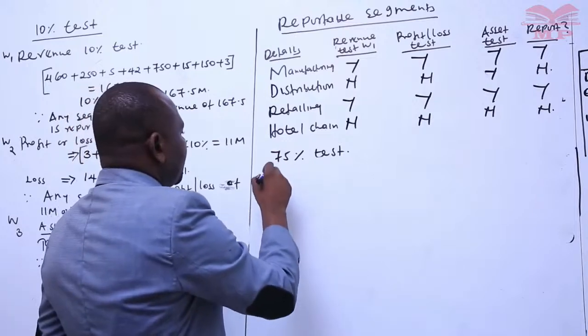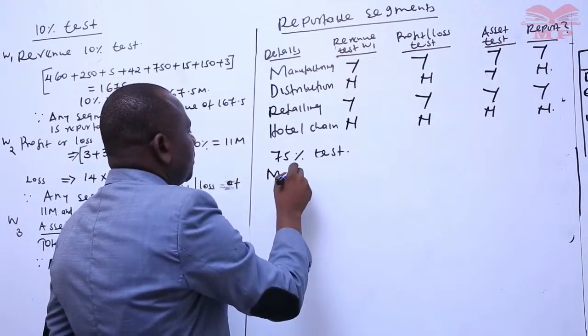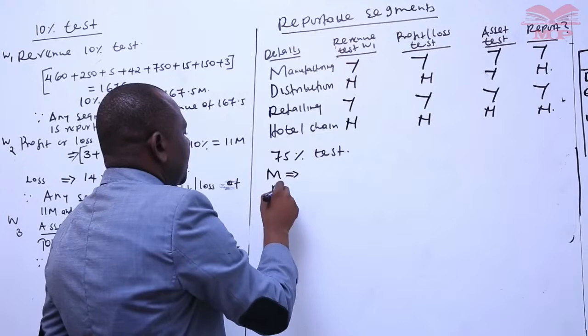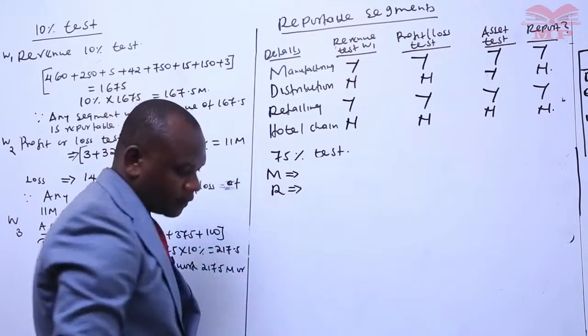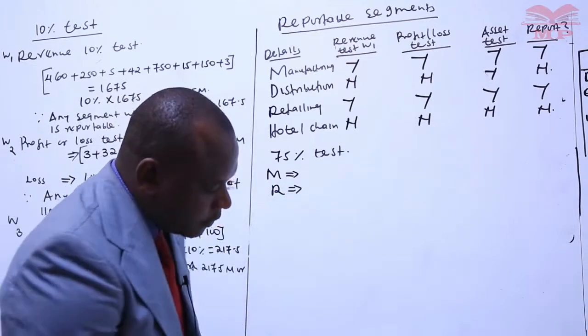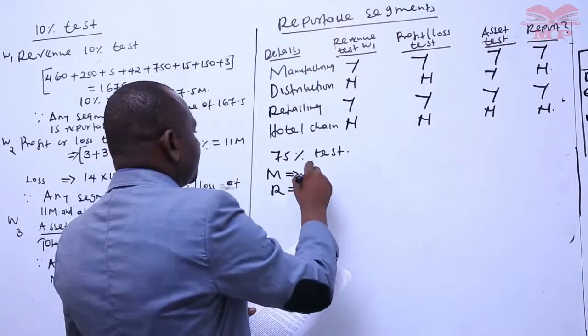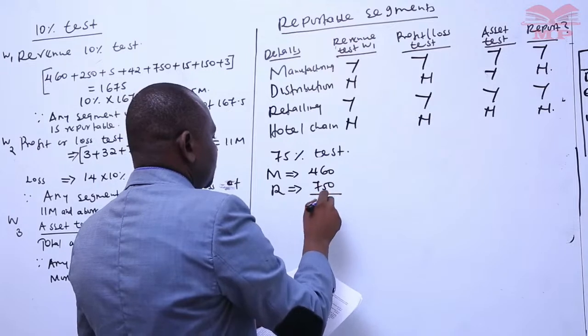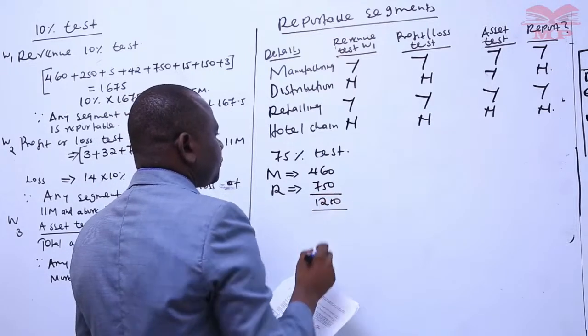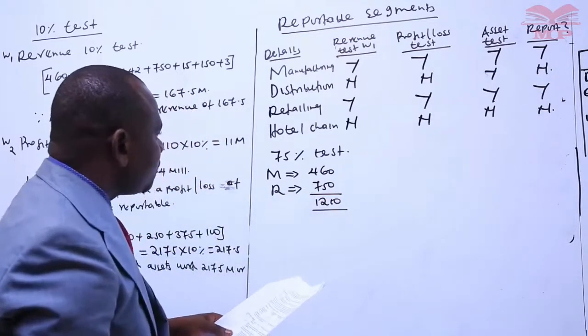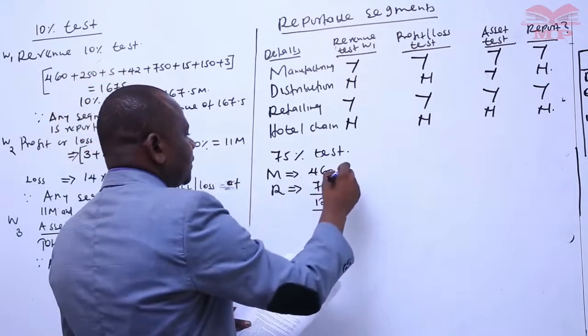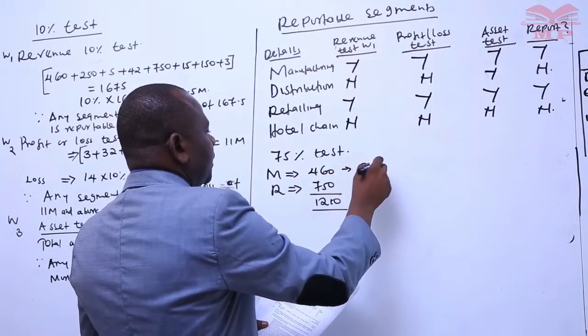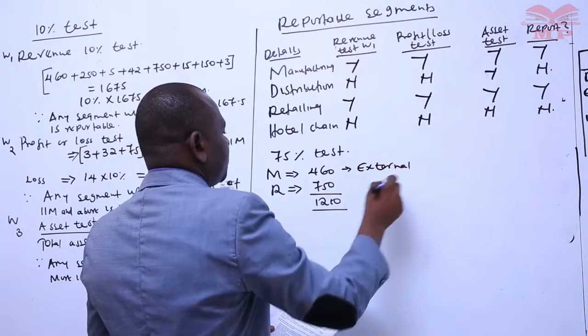So manufacturing plus retailing revenue, 460, 750, this is 1210. The external revenue, this is of course external revenue.